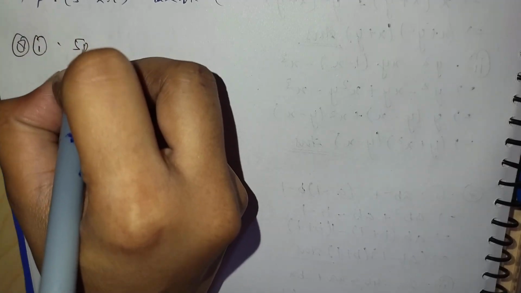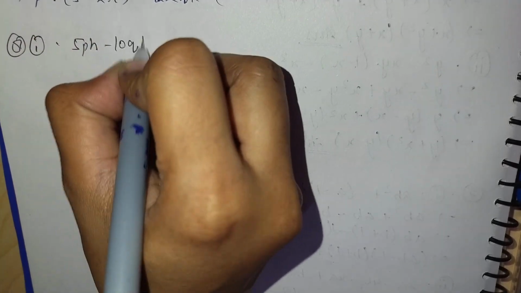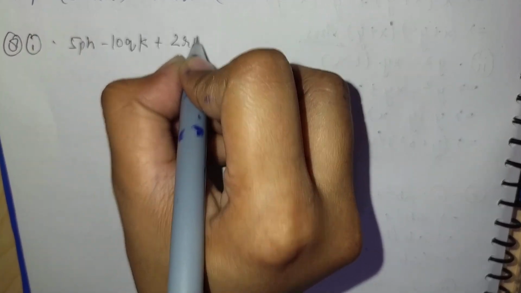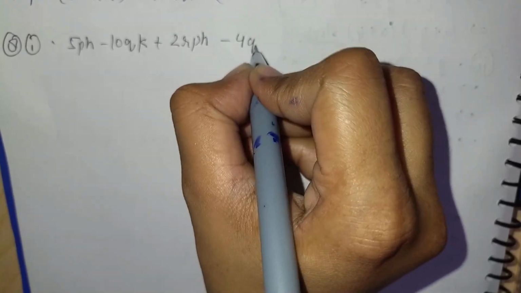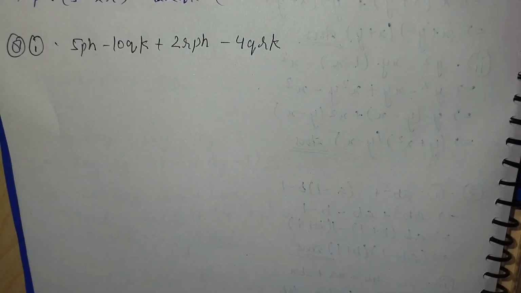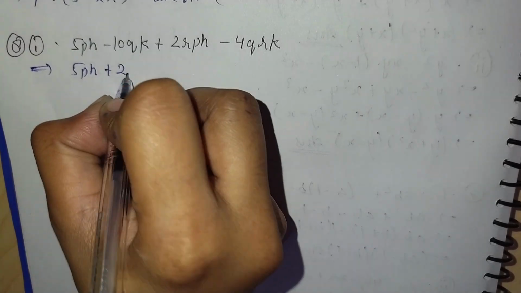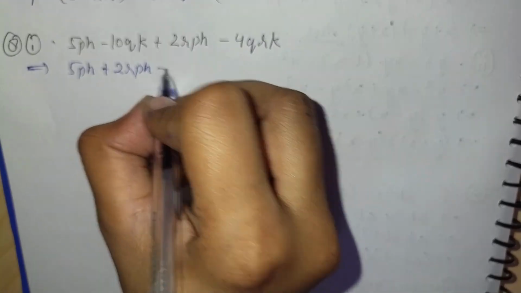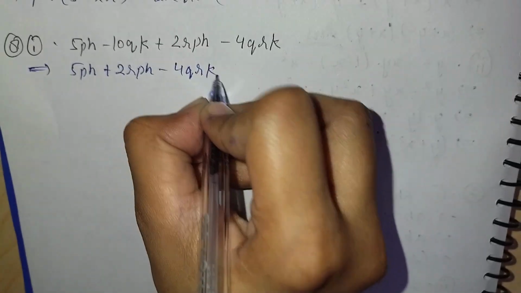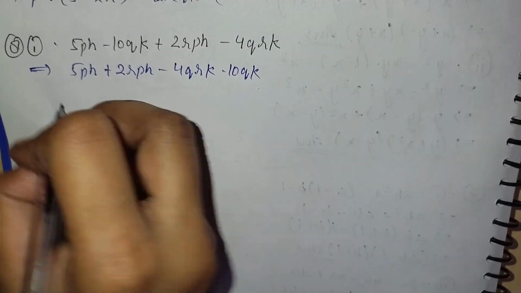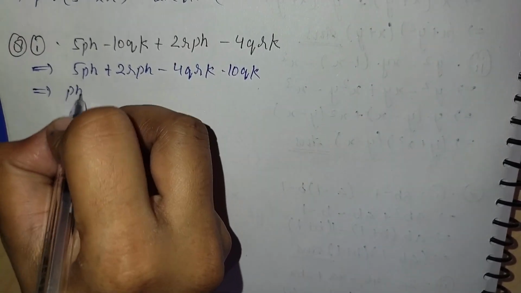Let us solve the first question here, which is 5ph minus 10qk plus 2rph minus 4qrk. So here we can write it as 5ph plus 2rph minus 4qrk minus 10qk. Now we can take ph as common here.